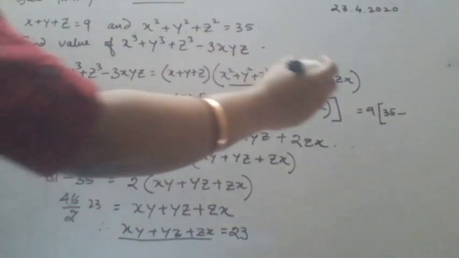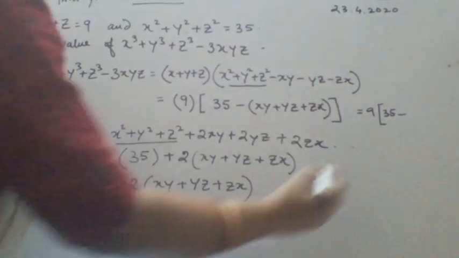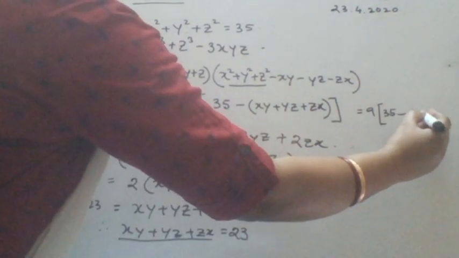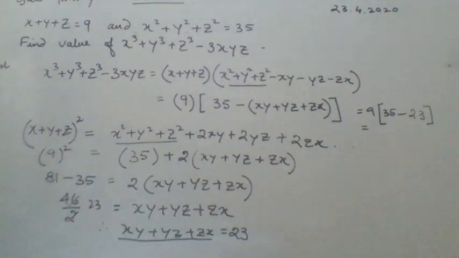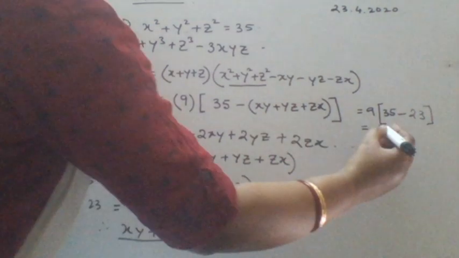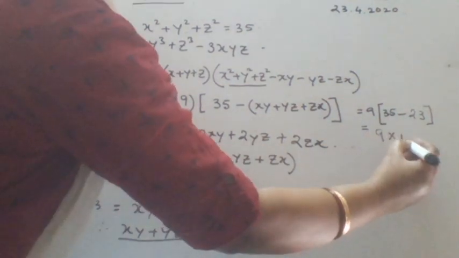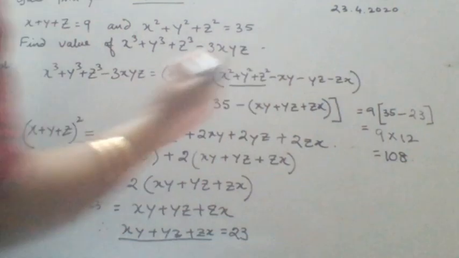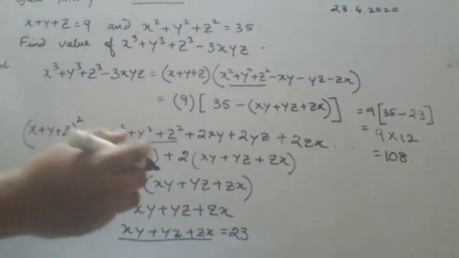So you substitute, 9 into 35 minus 23. Am I right? So that is 9 into 12. That gives you the answer 108.